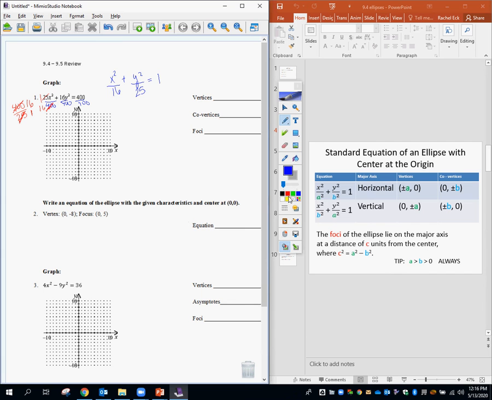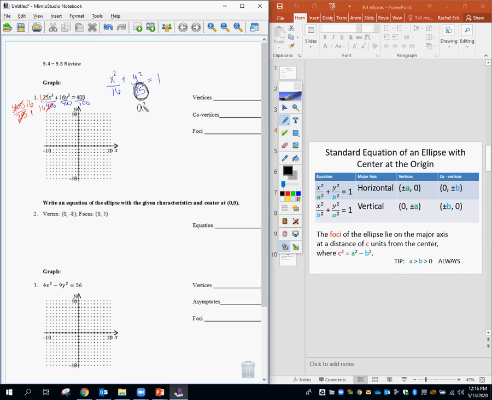A couple things we want to point out is we want to know what is our A and what is our B, because either the A could come first or the B could come first, depending on which equation you're in. So how do I know the difference between A and B? Well, A is always going to be greater than B. So the A is the bigger of these numbers. This right here stands for our A squared.